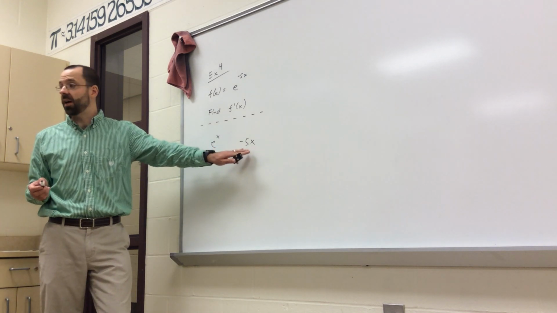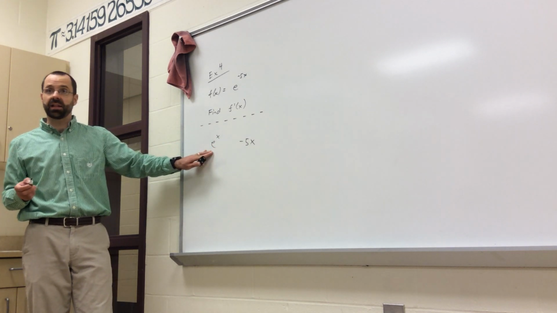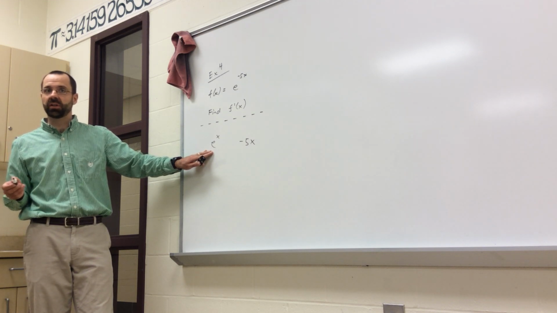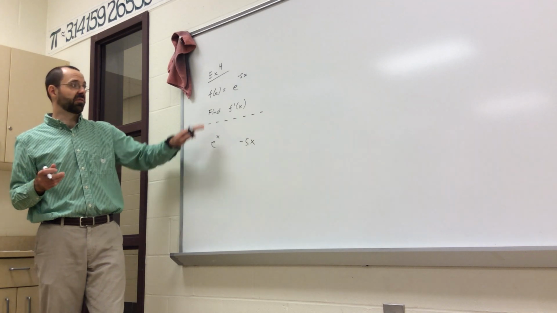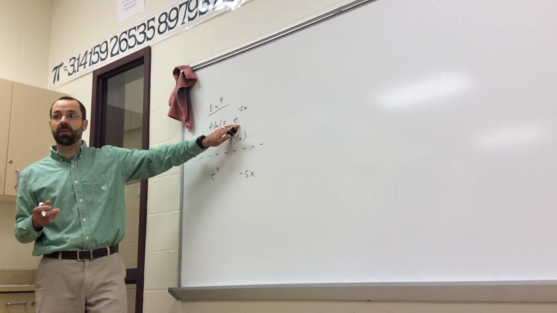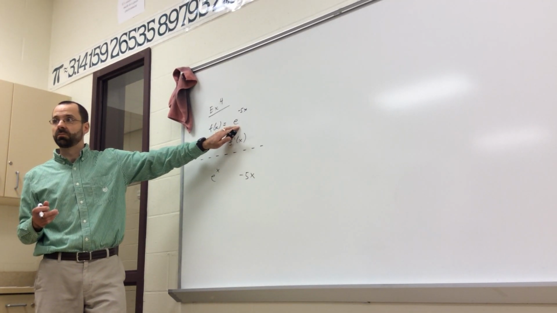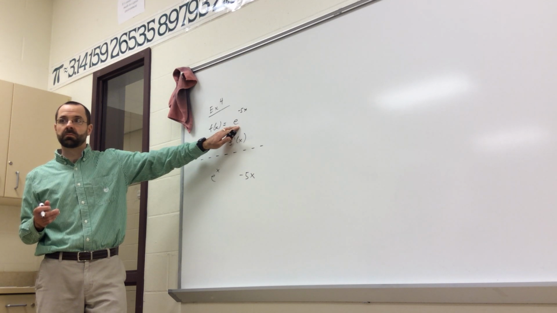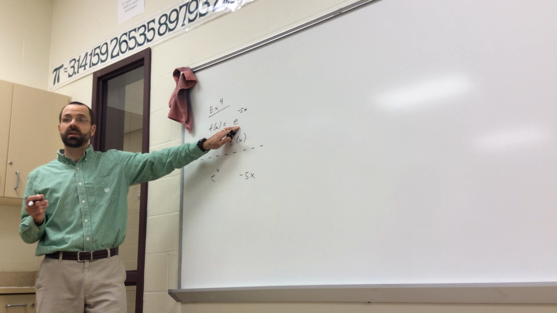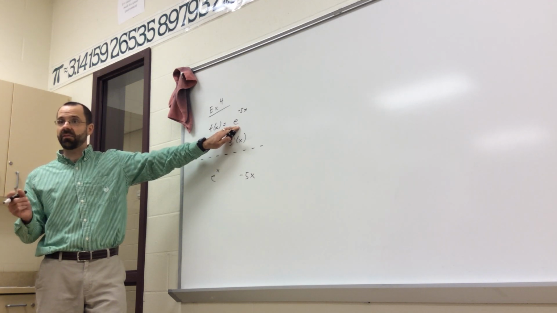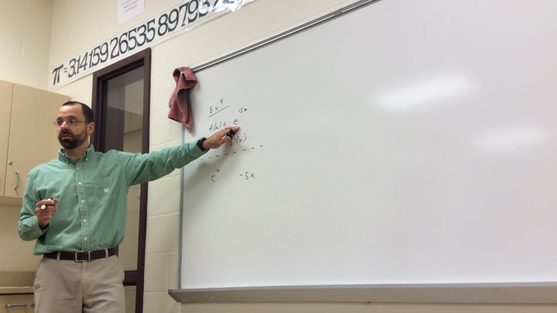So if you put negative 5x into it, it's e to the negative 5x. Okay, so this is a kind of a critical moment here. Does everybody understand that that's a composition? Outside function is e to the x, and inside function is negative 5x. Negative 5x is getting plugged into there.